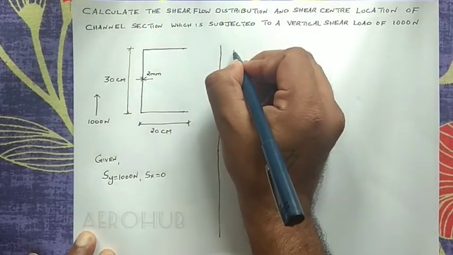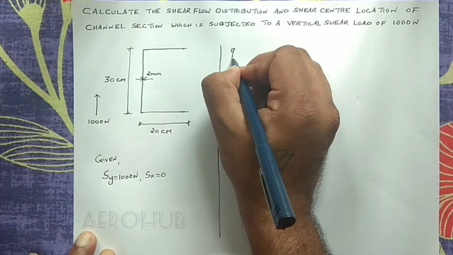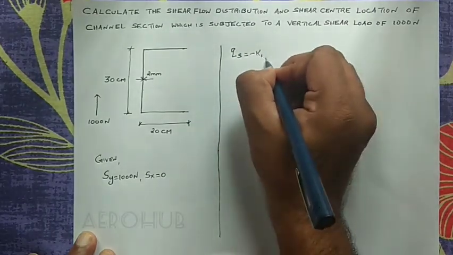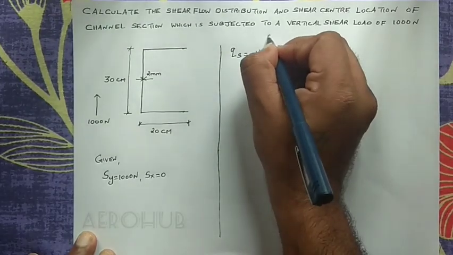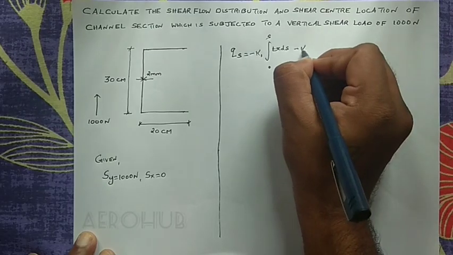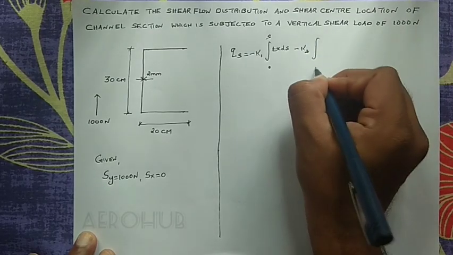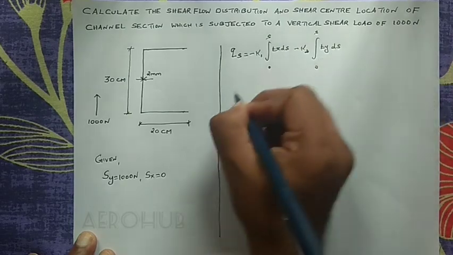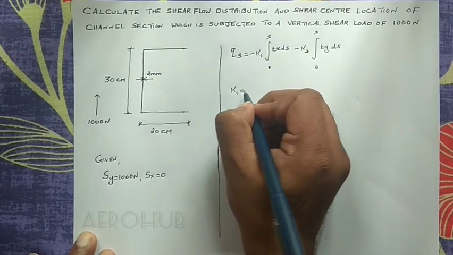We have the formula to find out the shear flow distribution for an open section. Qs is equal to minus k1 integral 0 to s tx ds minus k2 integral 0 to s ty ds, and we have the value of k1.